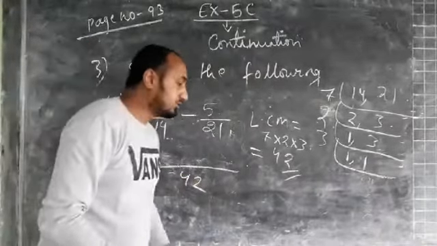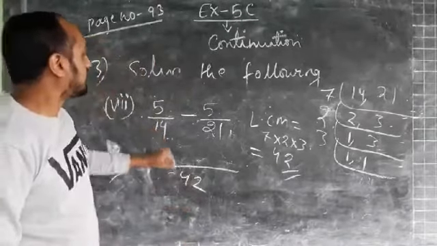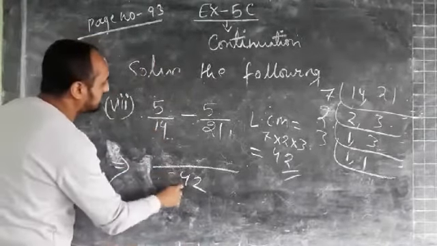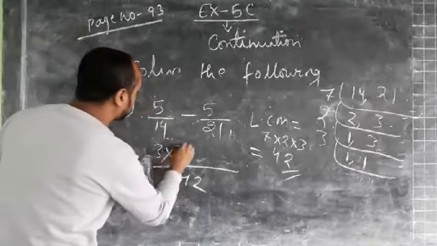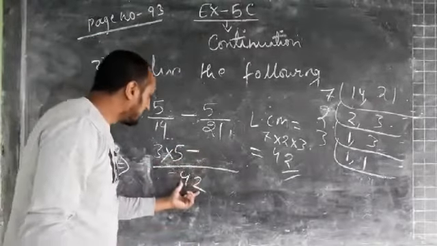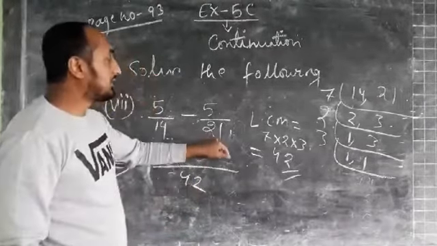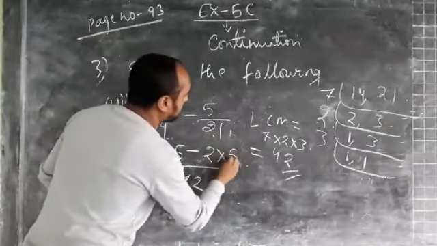Now next we will divide 42 by 14. So 14 3s are 42. So 3 into whatever we have in the numerator, we write here 5, minus. Now again we have to divide 42 by 21. So 21 into 2 is 42, 2 into 5.